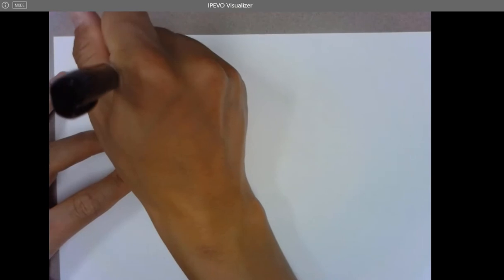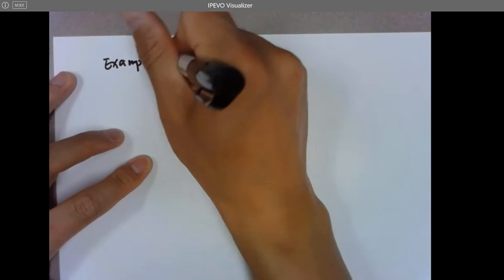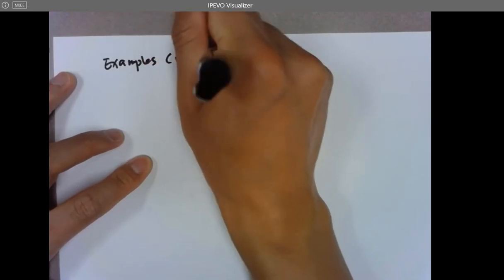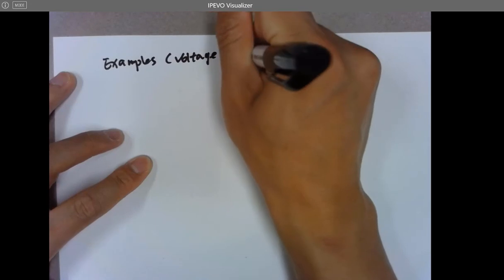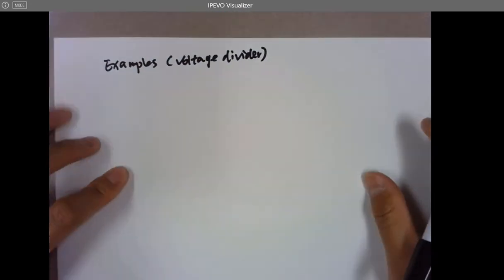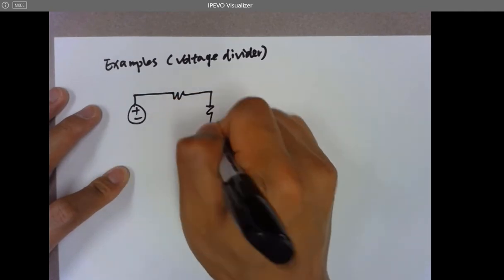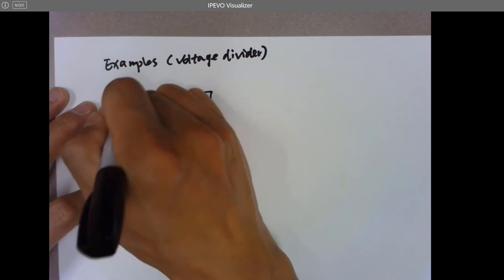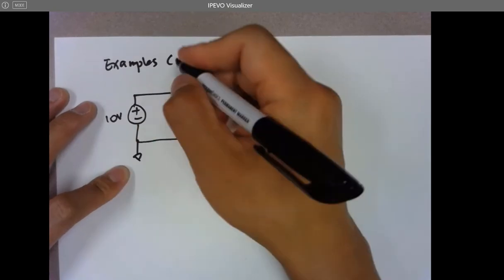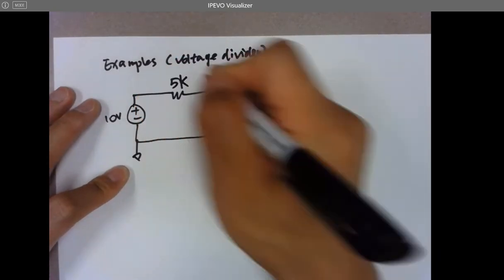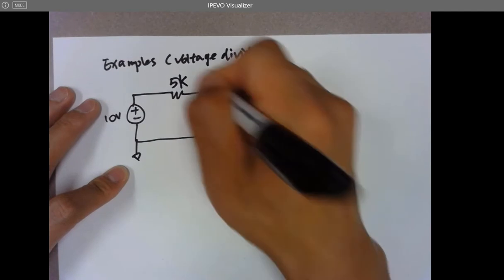You can calculate the output voltage node really quickly by using a voltage divider. Here we have 10 volts, 5K ohms, another 5K ohms, and this is V out.